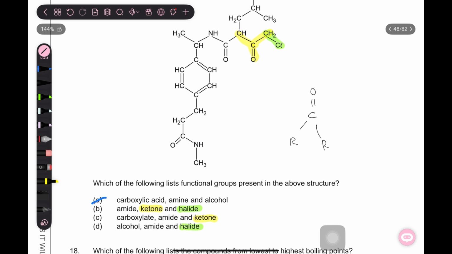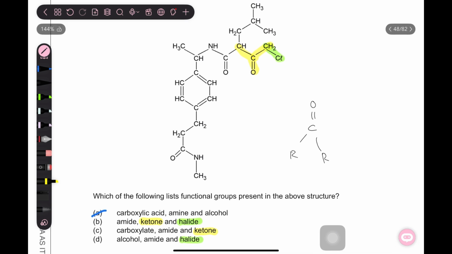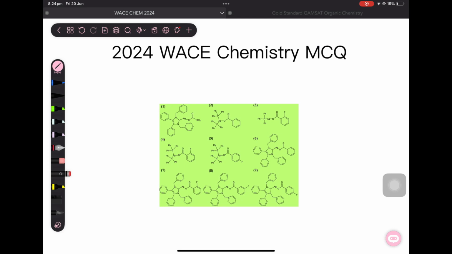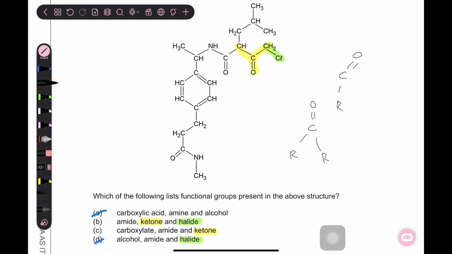Then I'm going to look for an alcohol group, and there is not an alcohol group in this, because an alcohol group will just be a carbon with an oxygen and then just a normal R chain. And we only have carbon with an oxygen and 2 R chains, which will therefore be a ketone. So there's no alcohols. So we can cross out A and D.